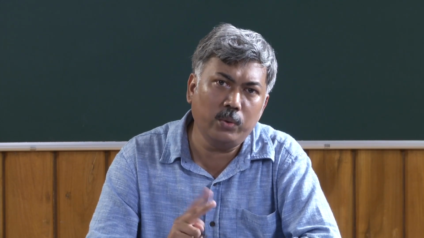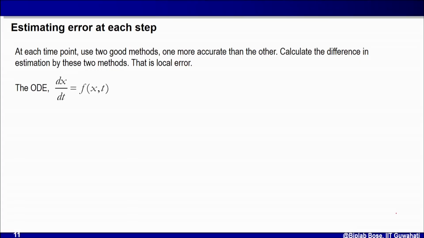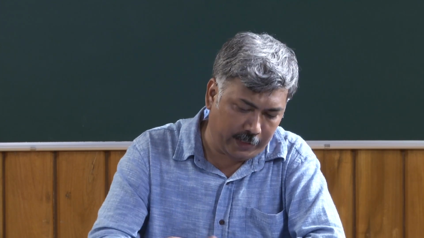So we can take two different algorithms, one better than the other. You calculate the new value of x at the next time point using these two methods and calculate the difference between the results of these two methods. That difference in the results is my estimate of error.